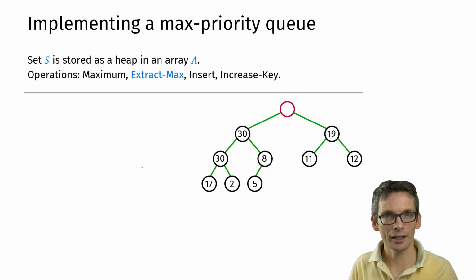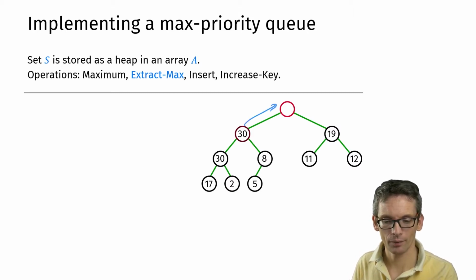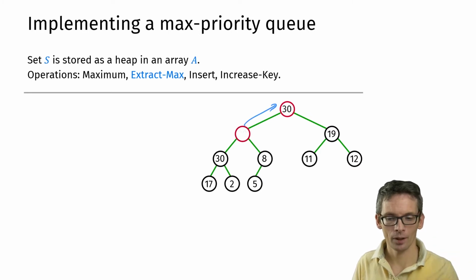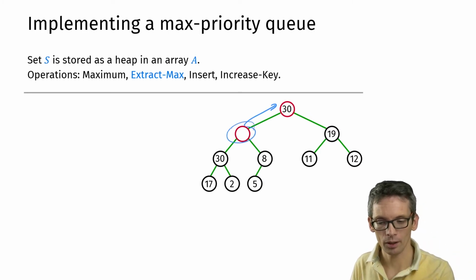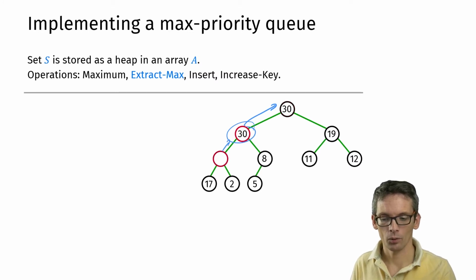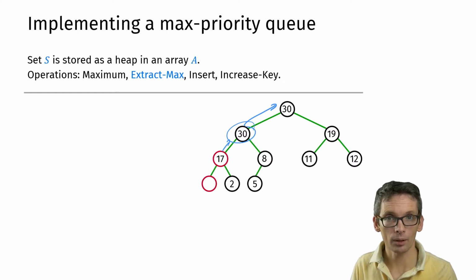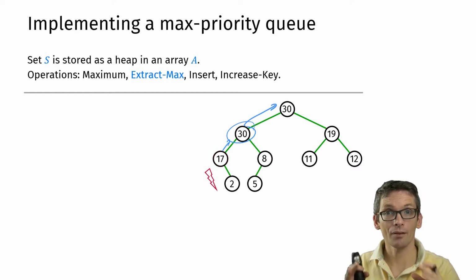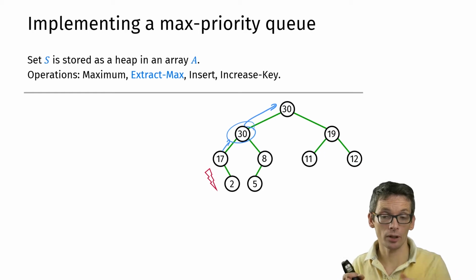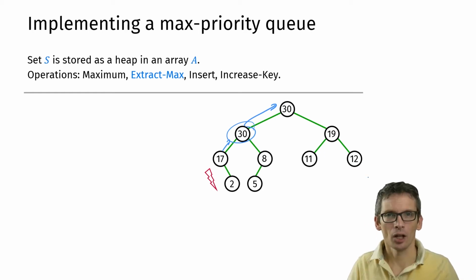A natural idea here would be to take the largest child, so the 30, and move it up. But then we have a hole here, so then we again take the largest child. We take the largest child, but now we have a problem because we no longer have a nearly complete binary tree because it's not filled from left to right. So this doesn't quite work.